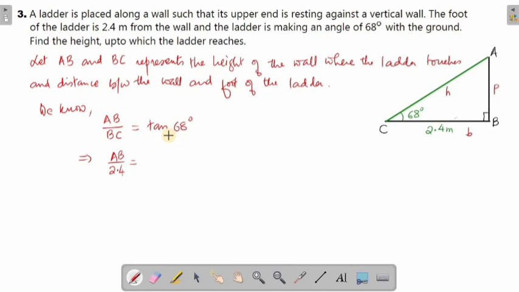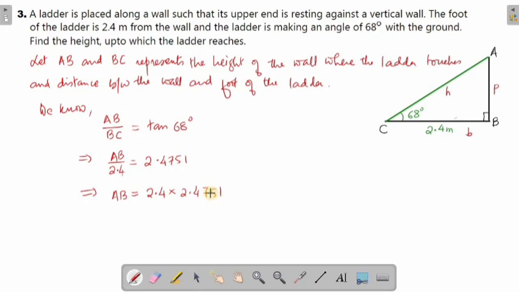So tan 68 degree from the log table is given to be 2.4751. Okay, so this is the value of tan 68 degree, right? So now let's do the cross multiplication. So we have AB equals 2.4 into 2.4751.